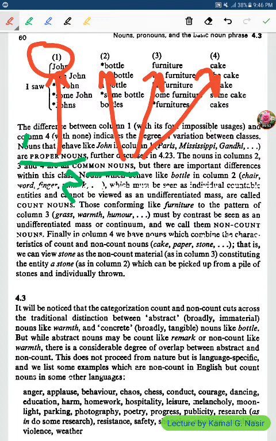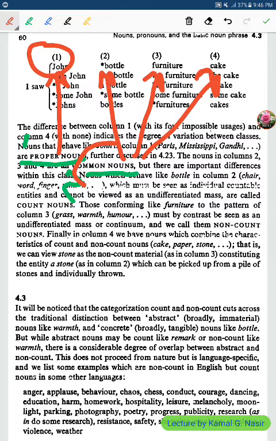These are proper. Now the common nouns, there are some features for the common nouns. What are these features? For example, they can be non-countable or can be countable. What do we mean by countable and non-countable?